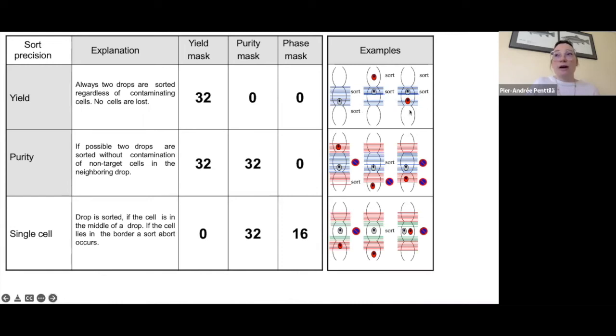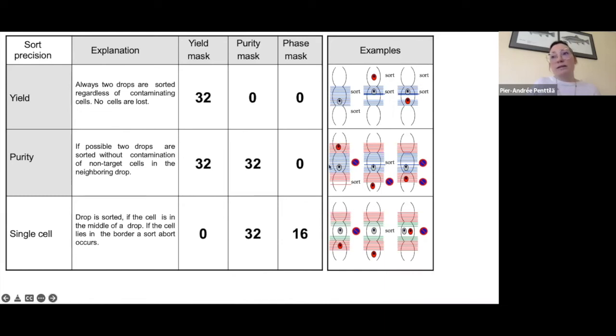So you can see that in this instance, you will get a much higher recovery of cells, but it's going to be somewhat at a cost of purity. Now, in the instance of purity mode, if possible, 2 drops are sorted without contamination of a non-target cell in the neighboring drop. So in this instance, you can see that a non-target particle is in this red area of the window of the adjacent drop.